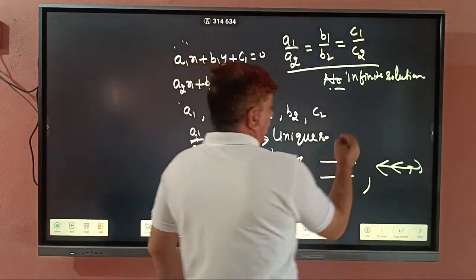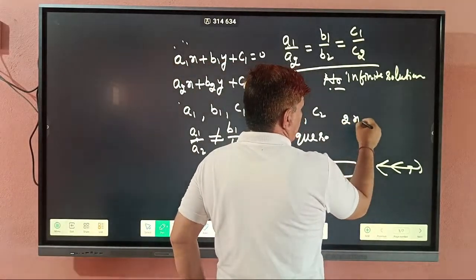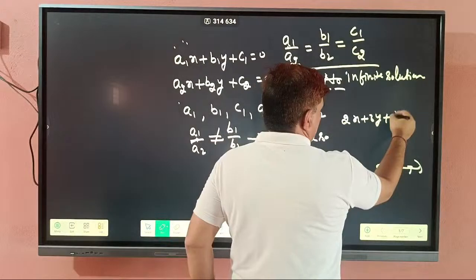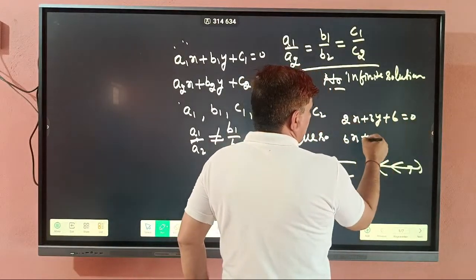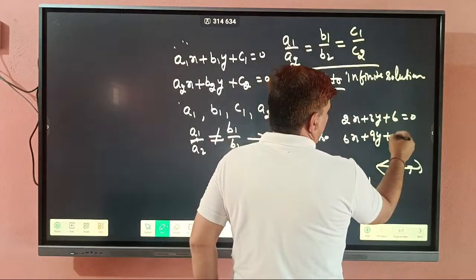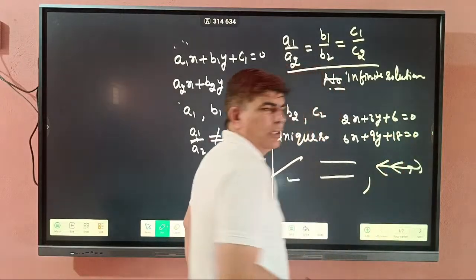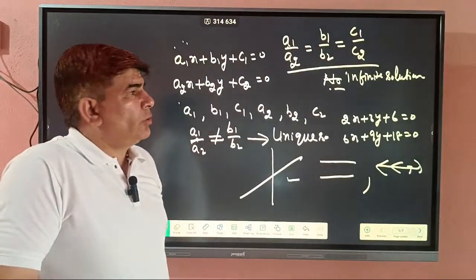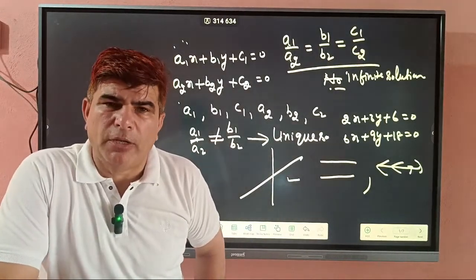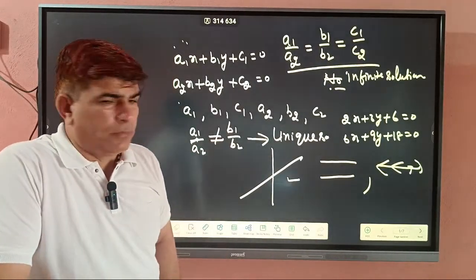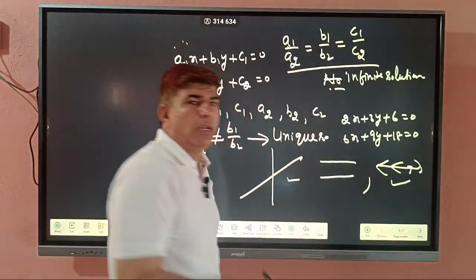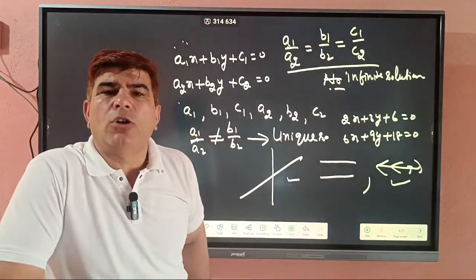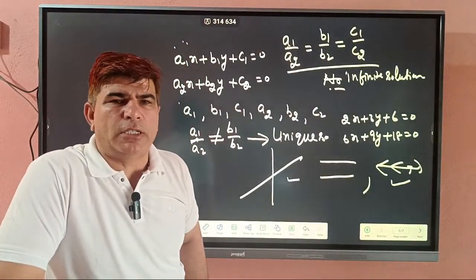It means our linear equation is of this form, 2x plus 3y plus 6 equal to 0, and another one is its multiple, 6x plus 9y plus 18 equal to 0. Then infinitely many solutions are possible, meaning one line lies on the other line.